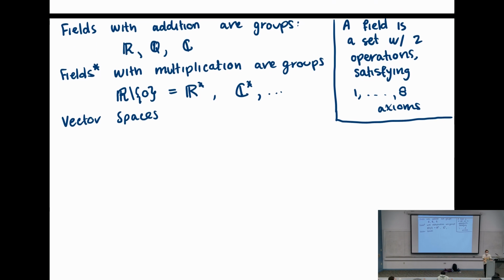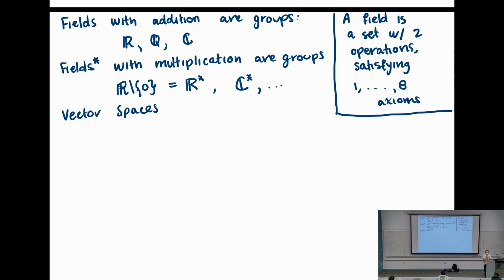Okay, so for vector spaces, what operation are vector spaces groups with respect to? Yeah, so vector spaces with vector addition are examples of groups.